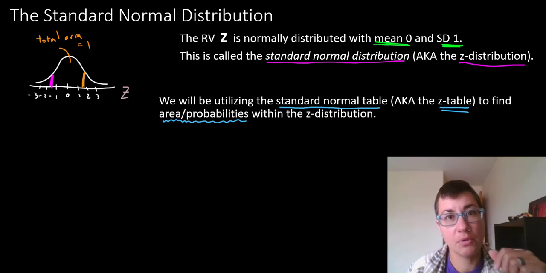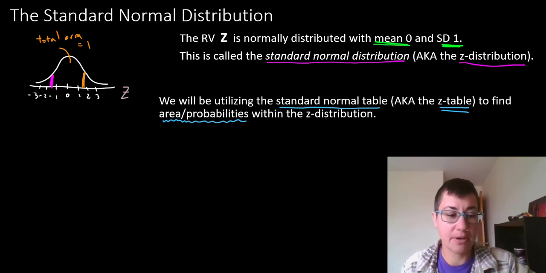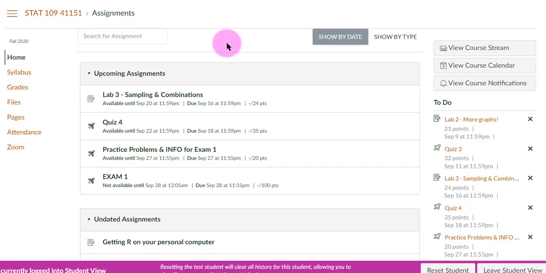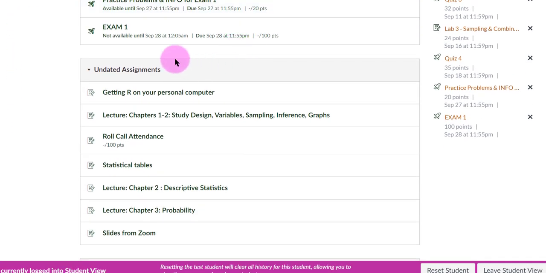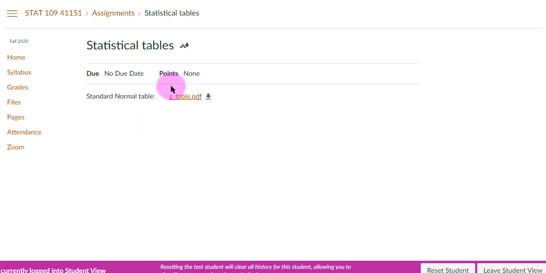I'm going to show you this table now. On our Canvas site, under undated assignments, it's not really an assignment, but that's where you can find statistical tables. This is the Z table, and other tables will eventually show up in this little docket, but right now this is all we've got cooking for us.